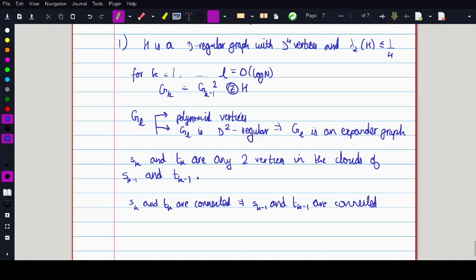If you look at the definition of the zigzag product, this becomes fairly trivial, but it seems a bit opaque when you view it like this. So if we can find whether S_L and T_L are connected, we can infer whether or not S and T are connected.